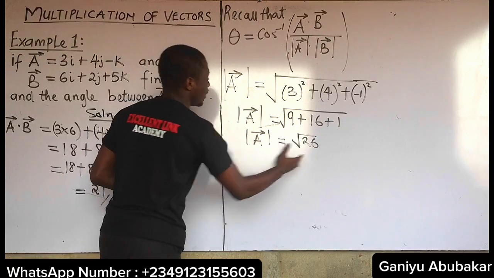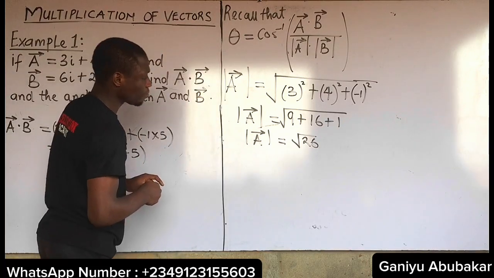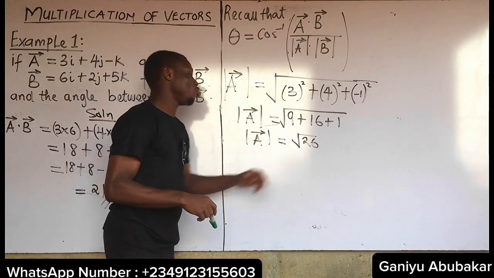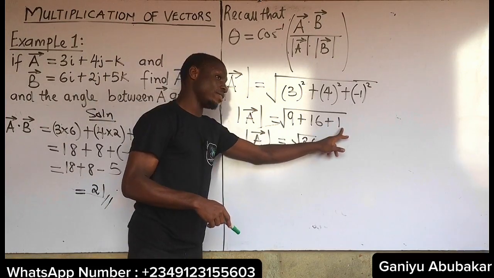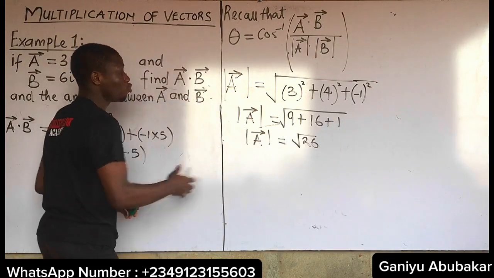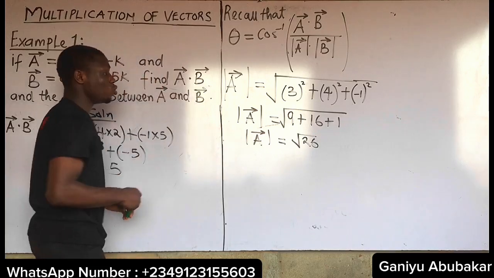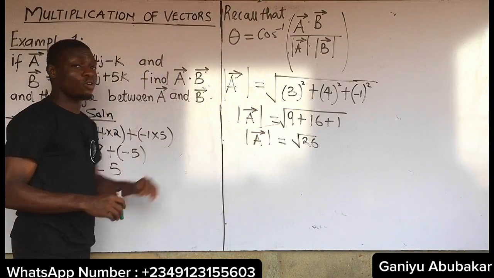So I have √26 as my answer for the magnitude of A.